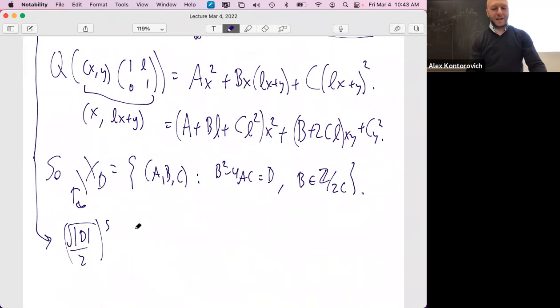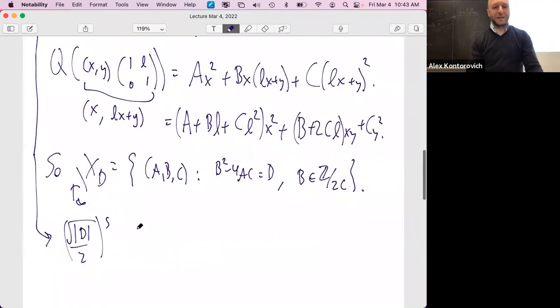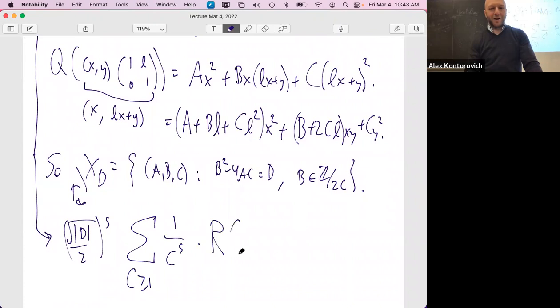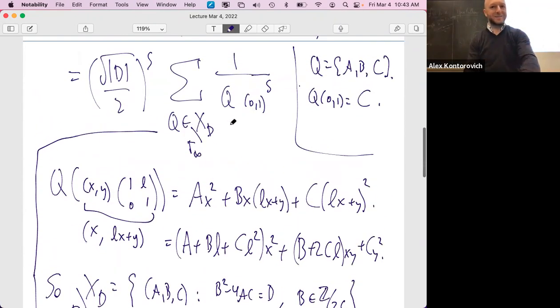So if I write this whole thing, these are just some integers, some c's to a power. If I write this as a sum over all c's, c to the s times r of c, where r of c is the number of representations of c, the number of times c occurs.